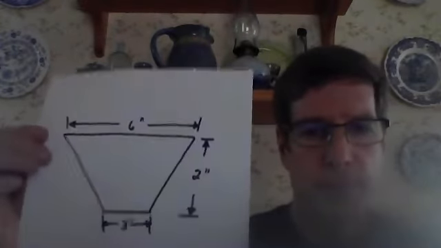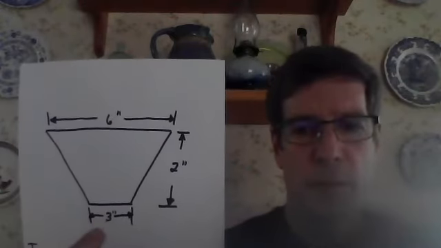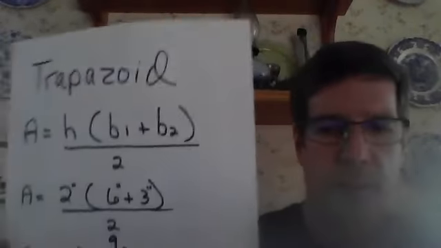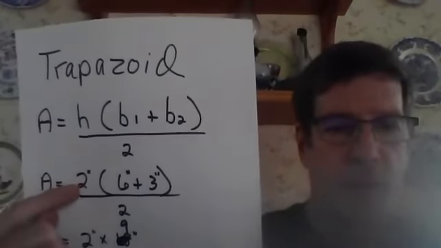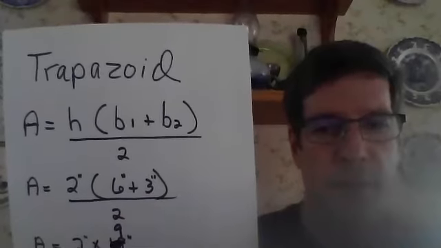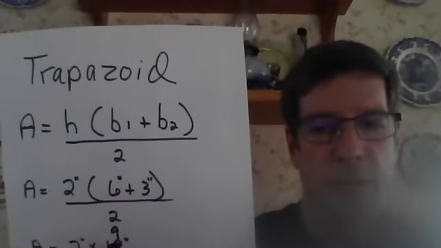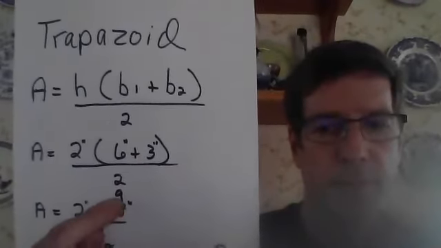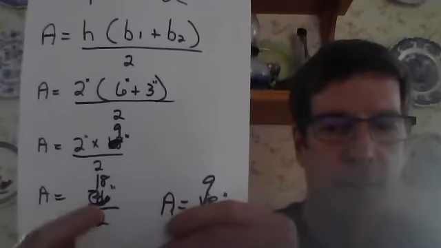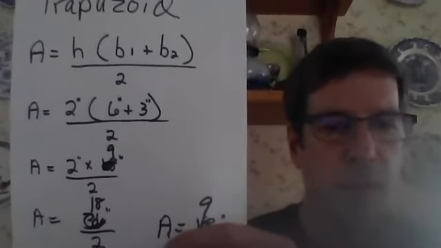All you want to do is just plug these numbers in. That's b1, b2, and h, your height. I got the height is 2, b1 was 6, b2 is 3. I add 6 plus 3, that equals 9. 2 times 9 equals 18. When I divide it by 2, it equals 9.